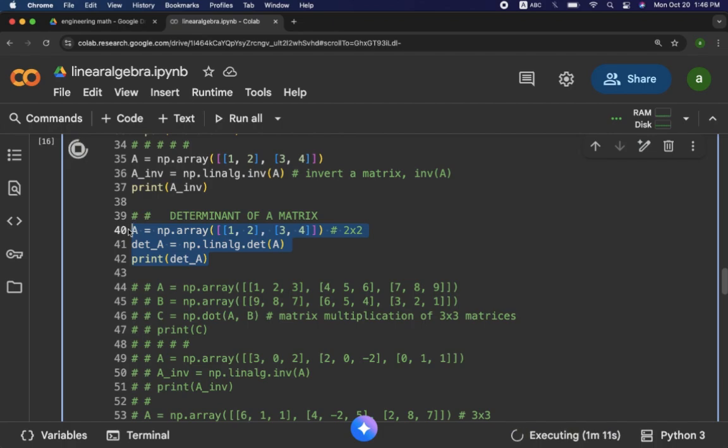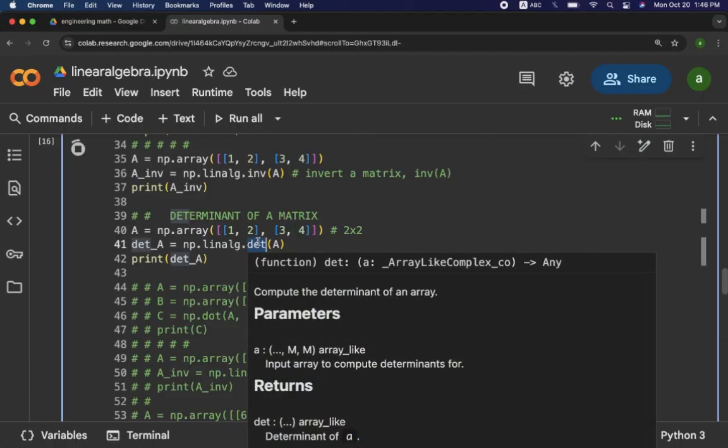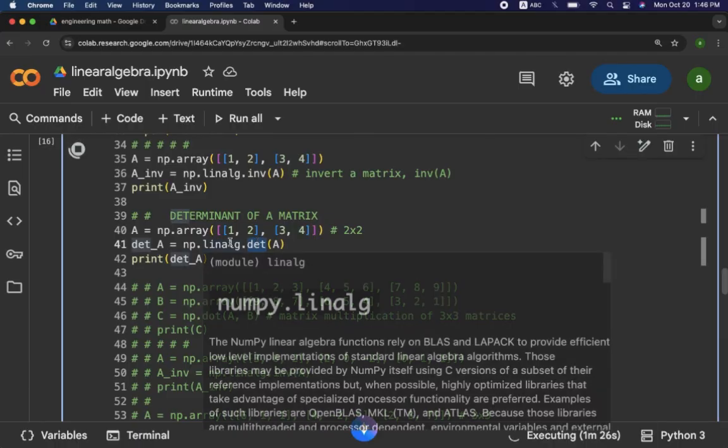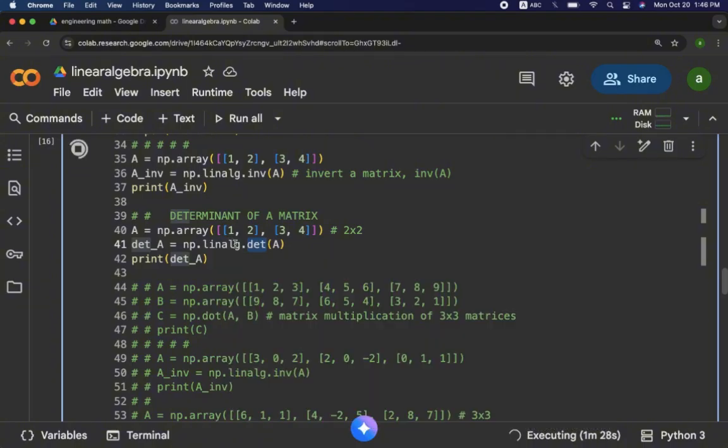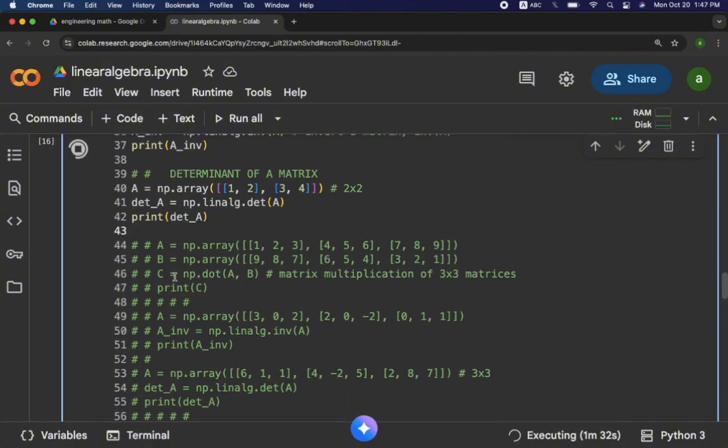In many applications, we need to calculate the determinant, also including the matrix inversion. So how can we do that? That's very simple in Python. Just use the determinant det function, again available in the linear algebra module of NumPy.